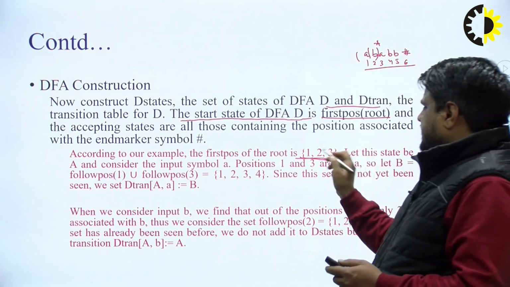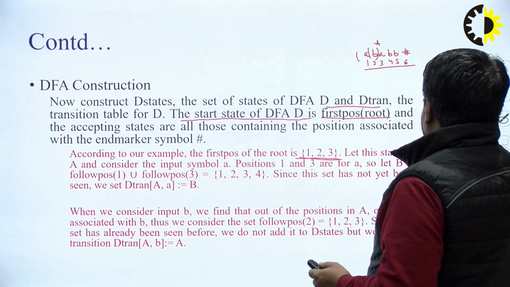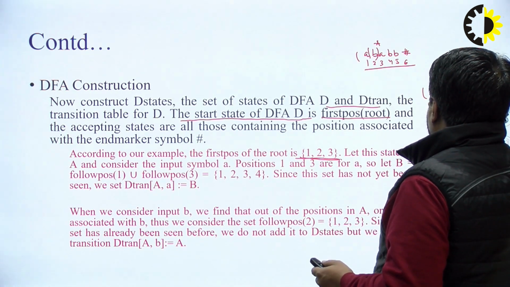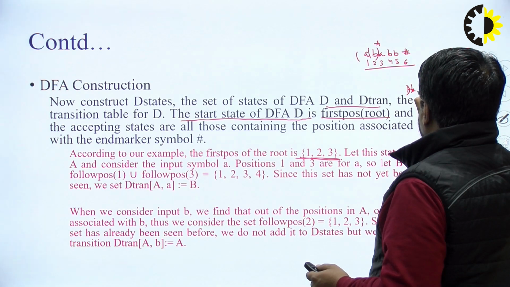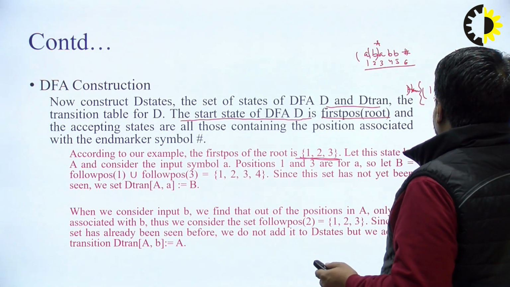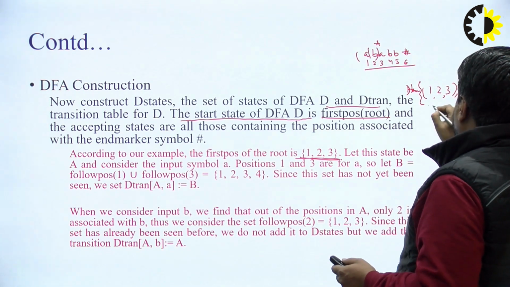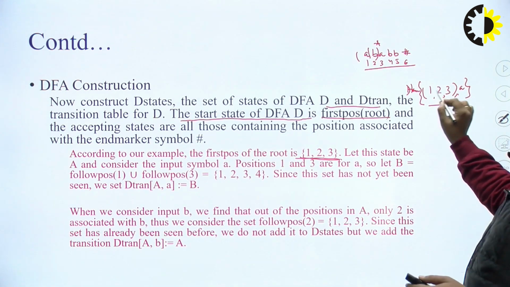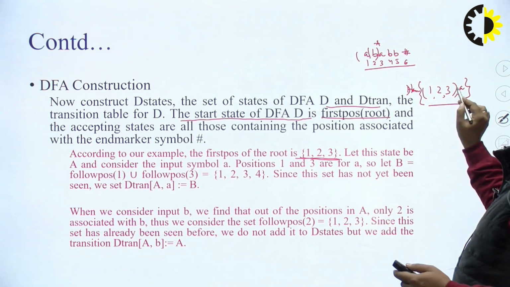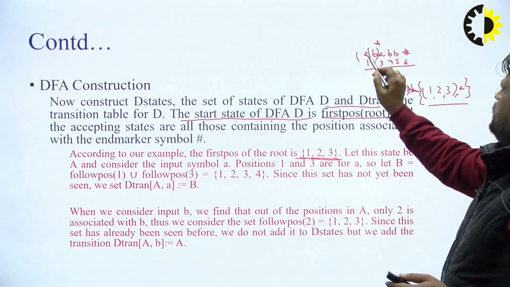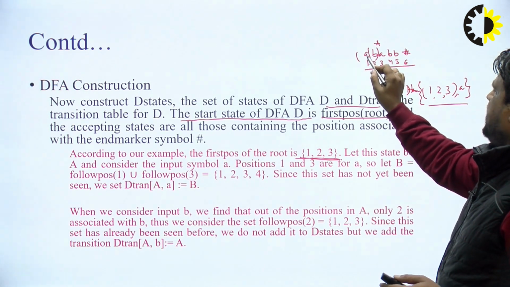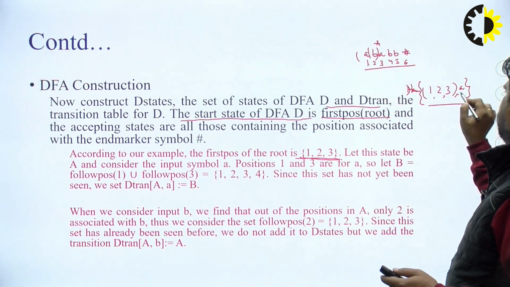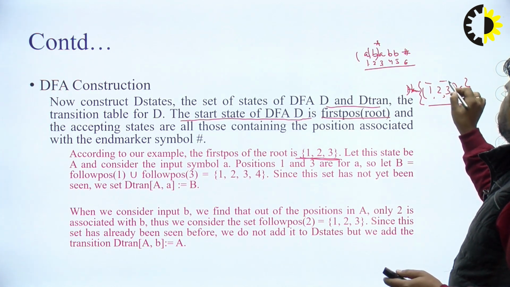Whenever you take the first position 1, 2, 3, you have to find out the Dtran corresponding to A. So what is the value? You have to find out the positions from here that contain A. You can see A is available at 1 and at 3. So 1, 3.